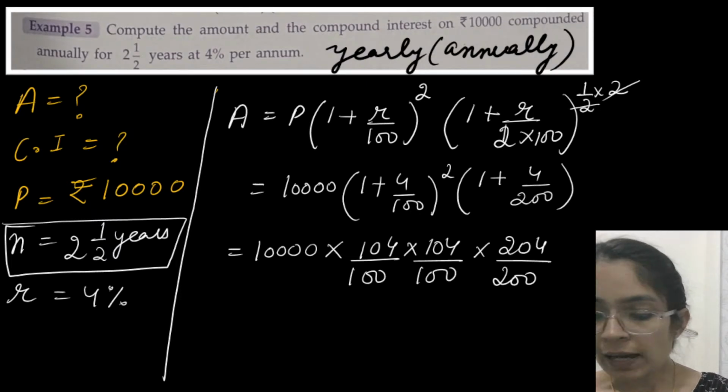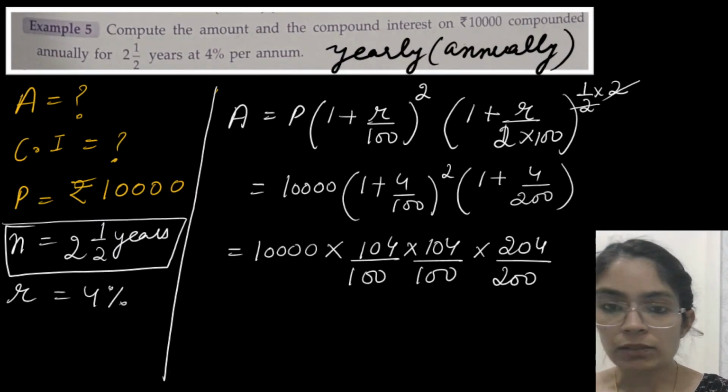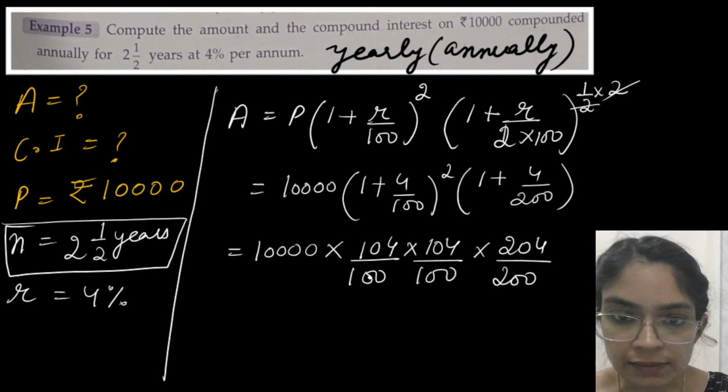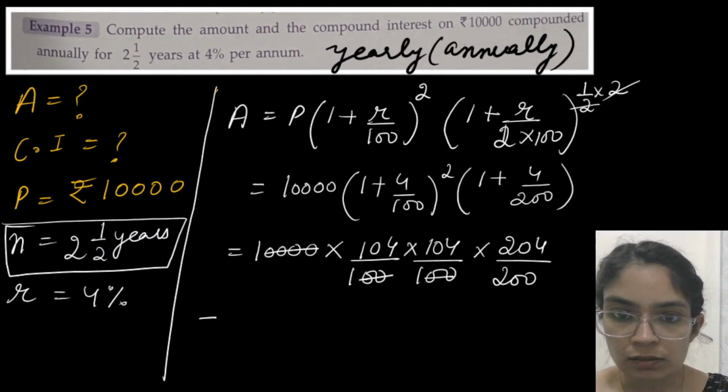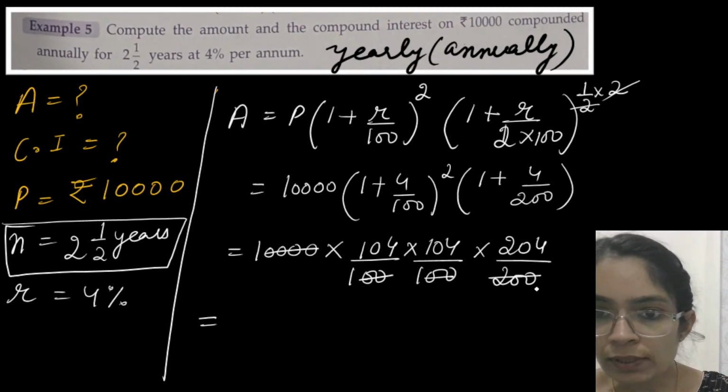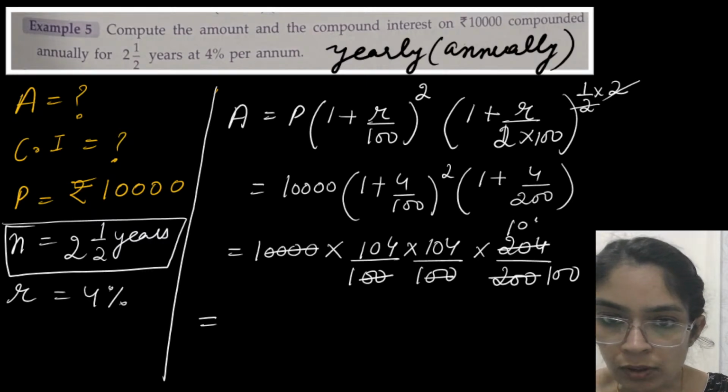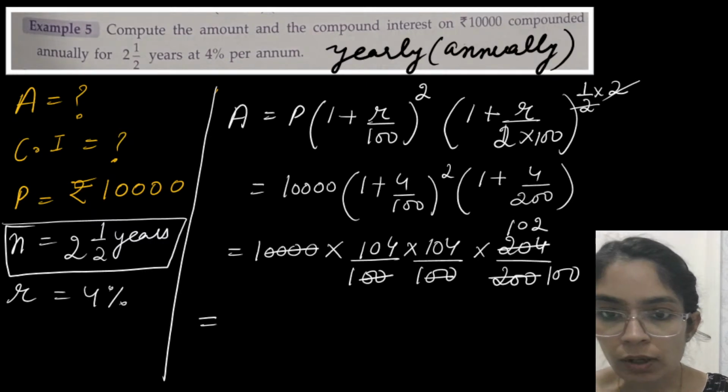Okay, so I've just substituted all the values. Now we can do cancellation. All the 4 zeros of this one will get cancelled. So what I am left with now, again if we see in 2's table, we can do cancellation: 2 into 100 is 200, and 2 into 102.